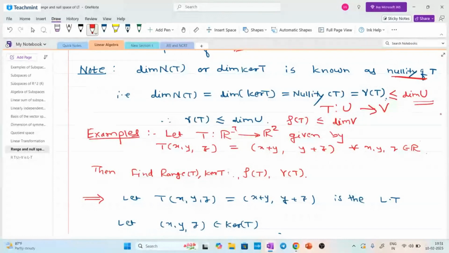Then they ask you to find range of T, kernel of T, rank of T, and nullity of T.